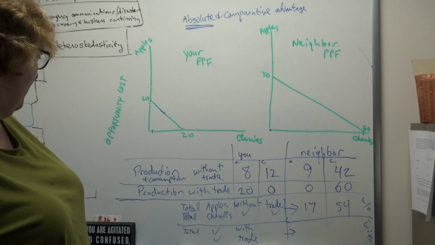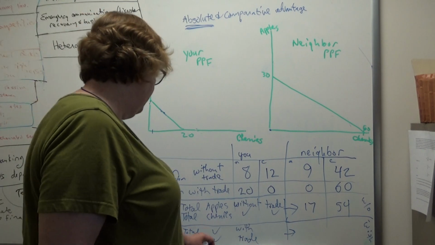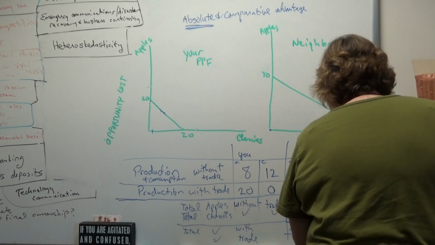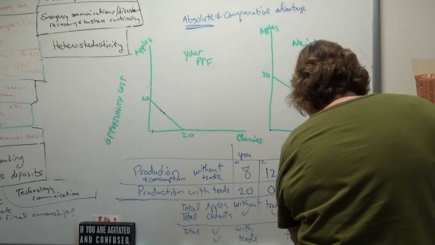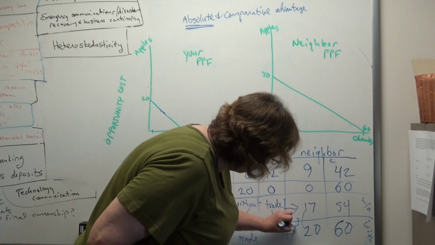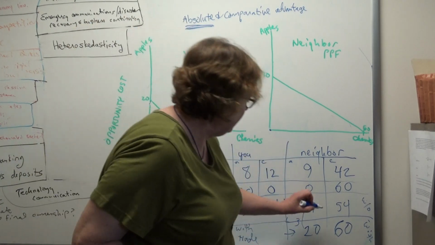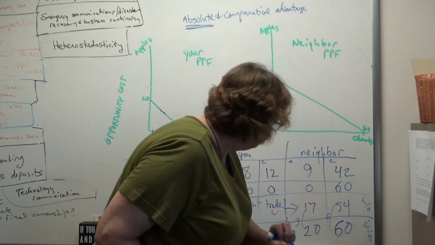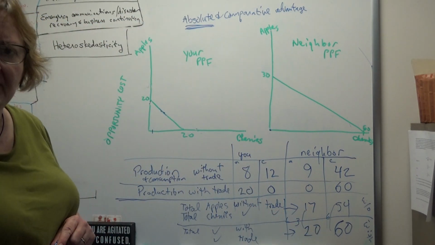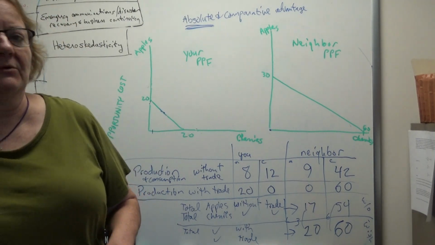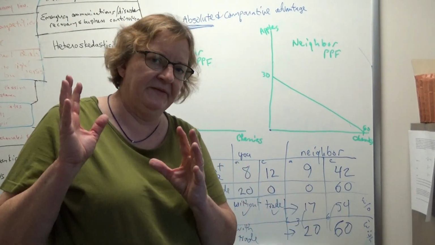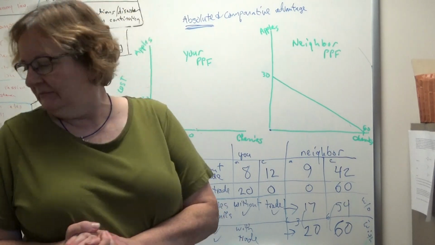Okay, so with trade, we're going to have 60 cherries produced, and we're going to have 20 apples produced. So 3 more apples and 6 more cherries are available for the consumers to eat because of trade and because of comparative advantage.